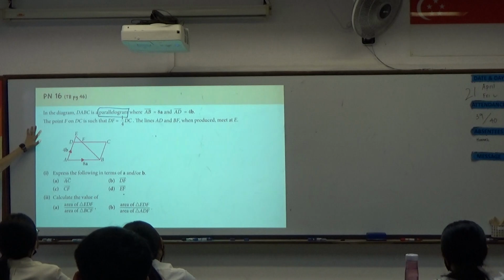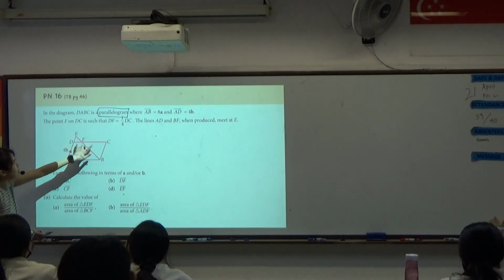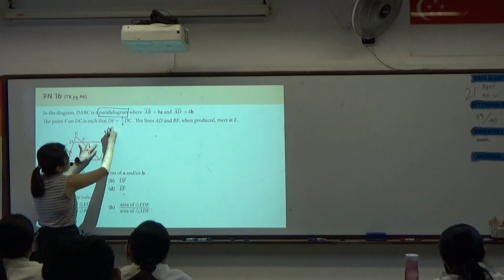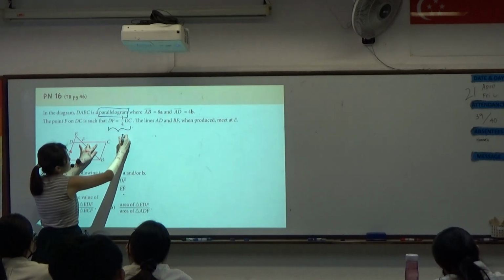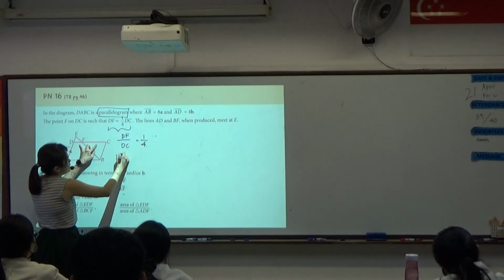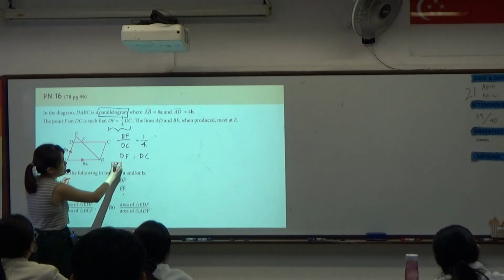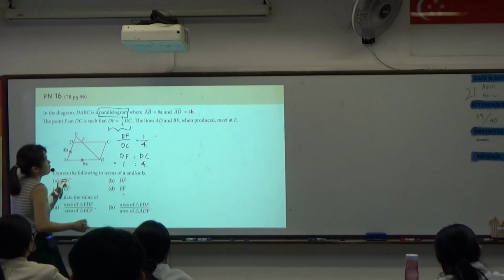The point F on DC is such that DF is equal to 1/4 of DC itself. This in other words means that DF divided by DC equals 1/4, or we can see it in ratio form: DF to DC has a ratio of 1:4.